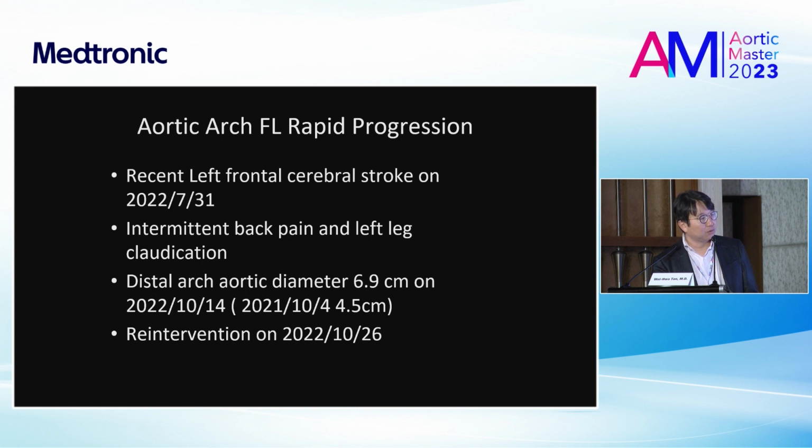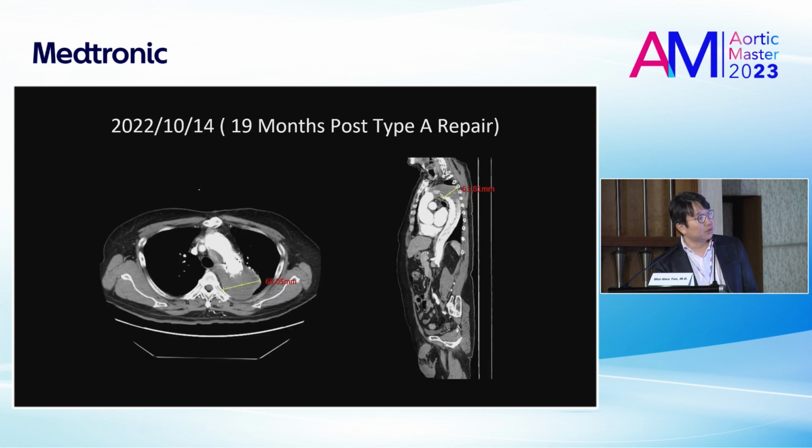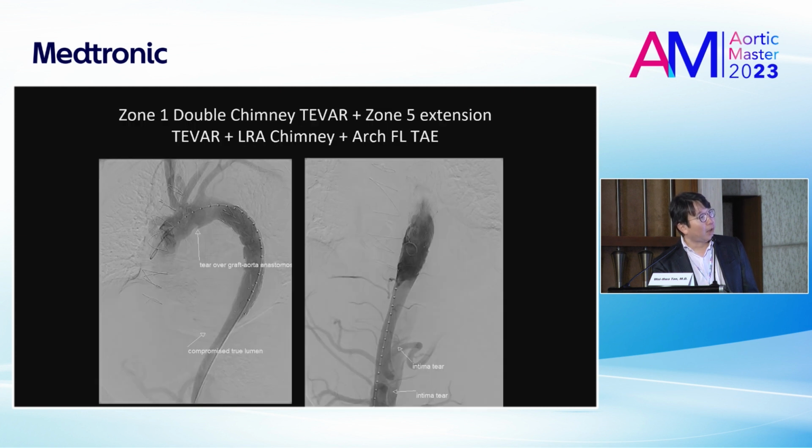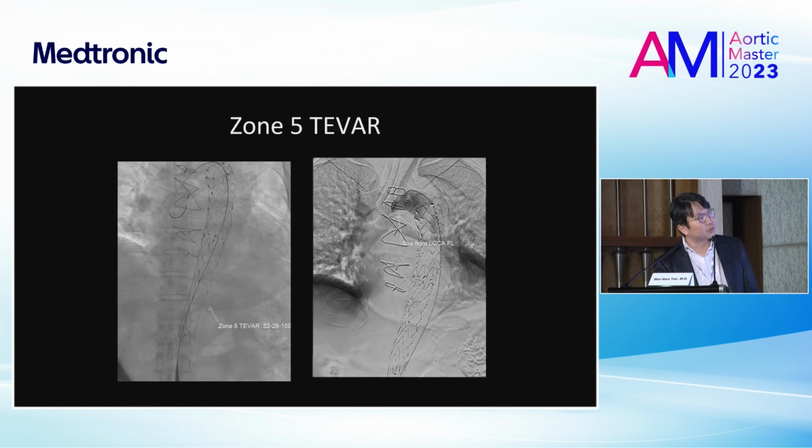And we planned to do a re-intervention for this patient. So you can see here we have an enlarged distal arch, 19 months post type A repair. We think that the tears and the flow come from the tear over the graft aorta anastomosis, causing the malperfusion. So the plan for this operation is to do the double chimney T-bar with the zone 5 extension T-bar and left renal chimney to close the distal tear, and also the arch false lumen TAE for this patient.